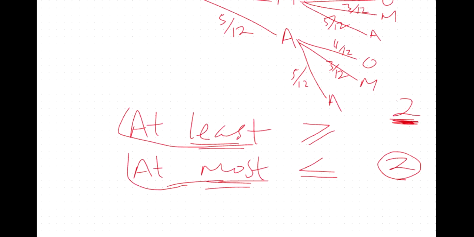So someone is asking, why didn't we multiply AO and OA as we have multiplied MO and OM?